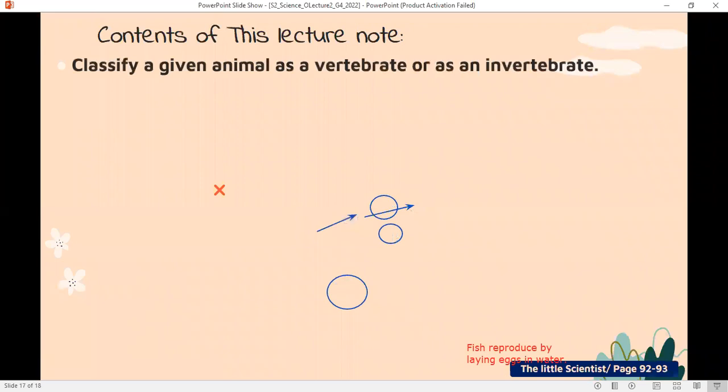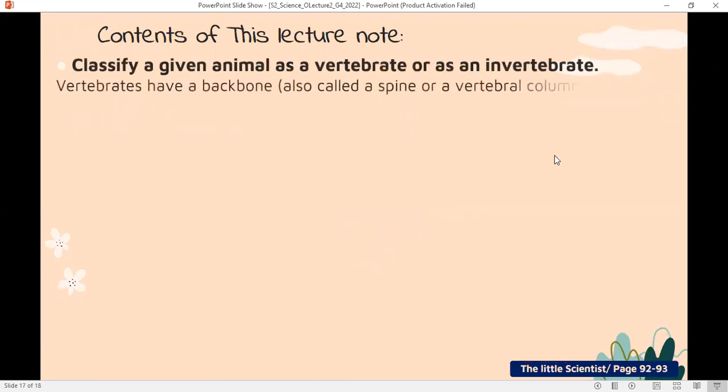Okay, this was everything for today. I think the lesson is easy. So as I told you, there are two large groups of animals, vertebrates and invertebrates. Vertebrates have a backbone or a spine or a vertebral column.